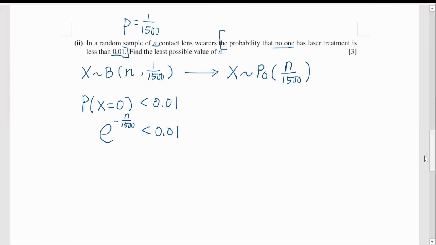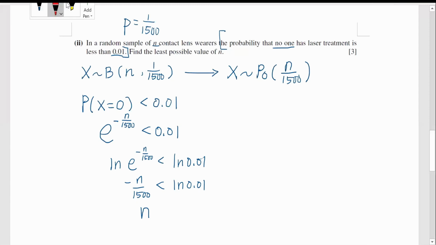To solve this inequality, we take ln of both sides, so that we bring down the negative n over 1005, and we know ln e is 1, and it is less than ln 0.01. Every time you multiply or divide by a negative value, remember you have to reverse the direction of the inequality.